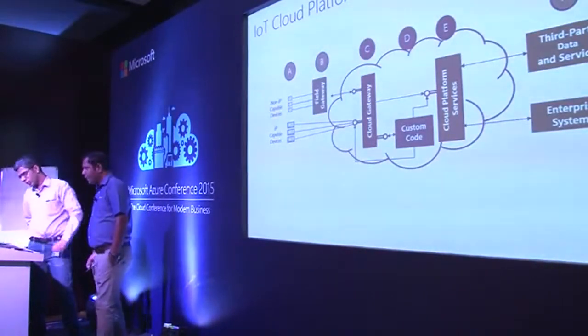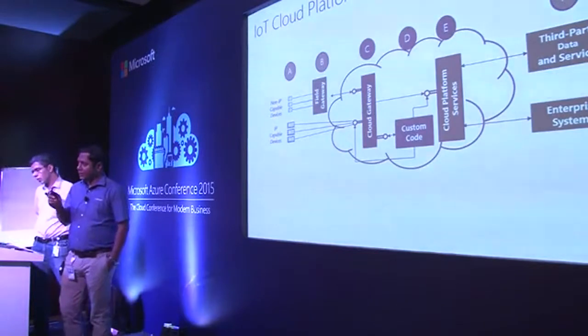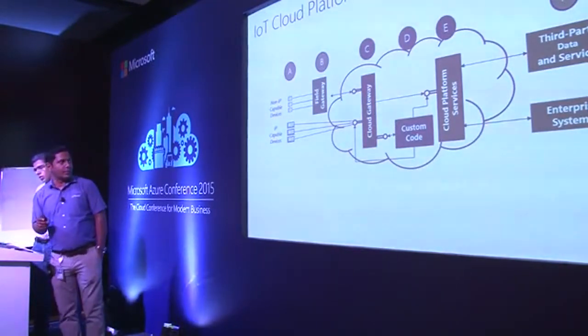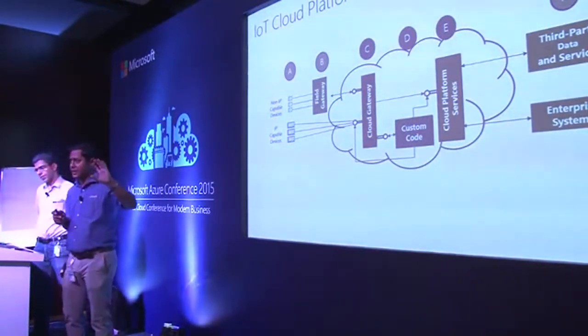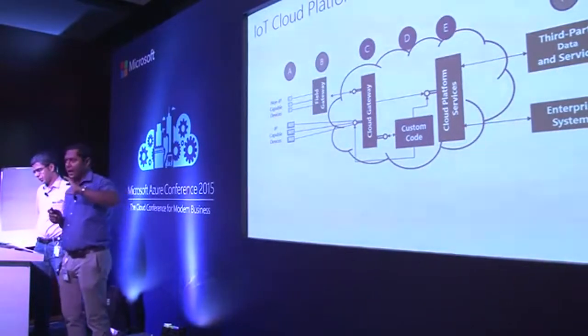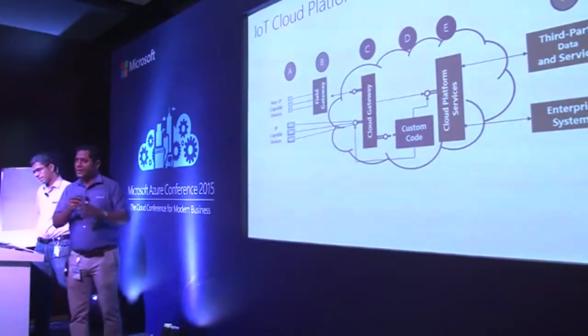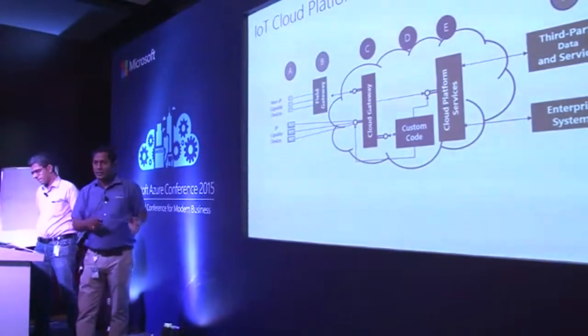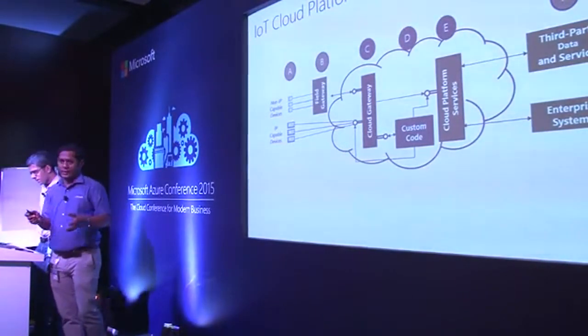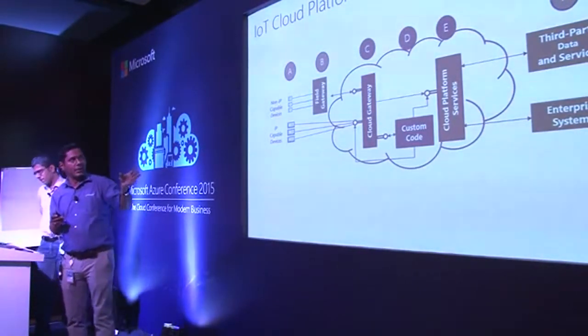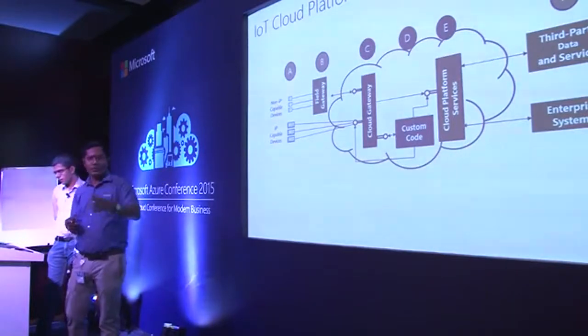Cool. So if you look at this diagram, this is one of the basic abstract level diagrams for the architecture. You have 2 sets of devices, right? One set of devices is IP capable, which can directly connect to the internet. Another set of devices or sensors cannot connect directly. You probably would need something to connect through a gateway to the cloud, right?